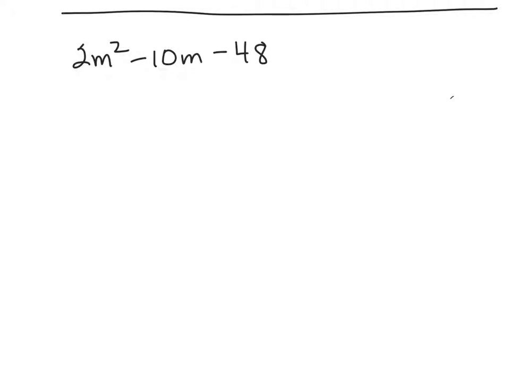So first things first, do you see a common factor in 2, 10, and 48? Let's take a 2 out. Good. That'll leave m squared. 2 out of 10 leaves 5m. 2 out of 48 leaves 24.